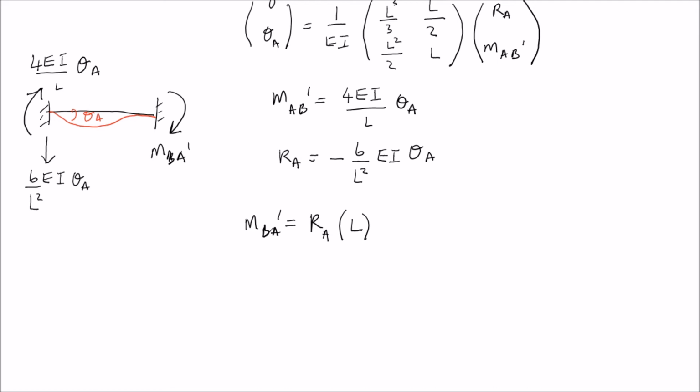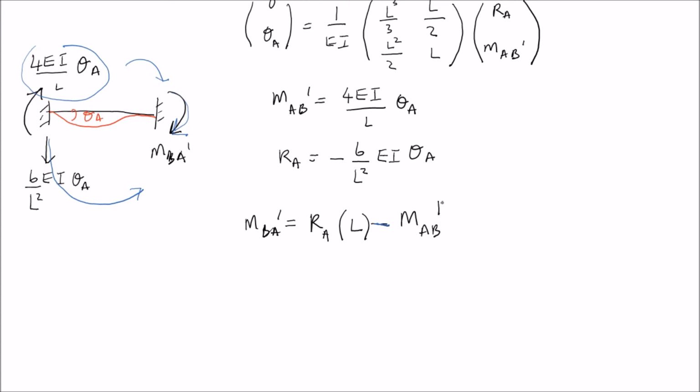Again, shortcut way, RA is producing a counterclockwise moment that is opposite of this one. But then minus, because this moment is the same direction as this moment, so it's going to be minus MAB prime.